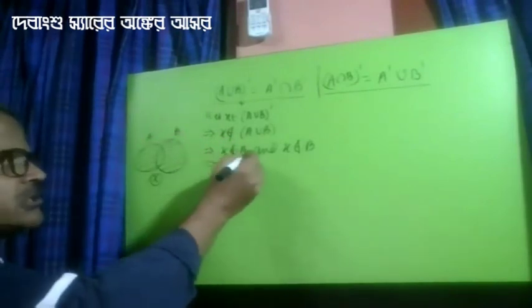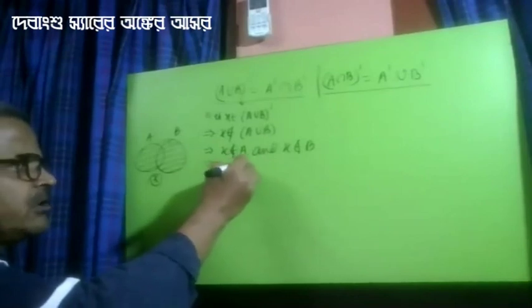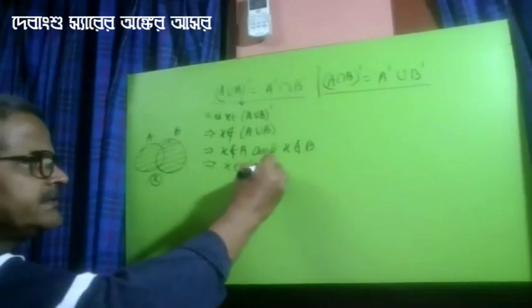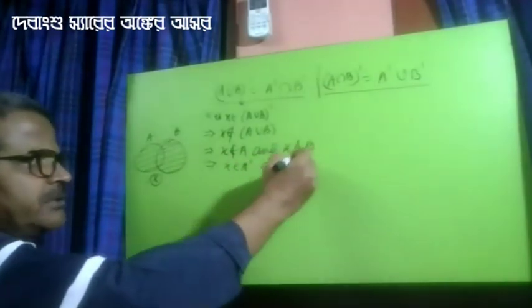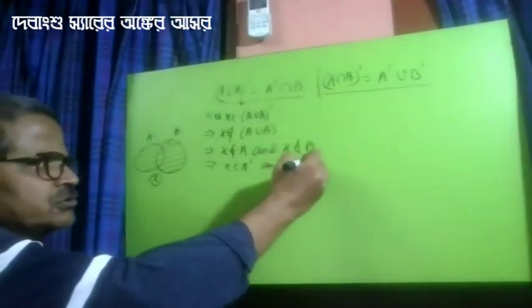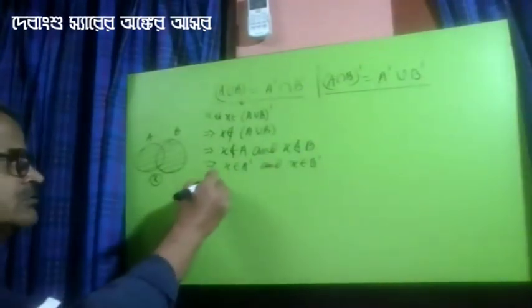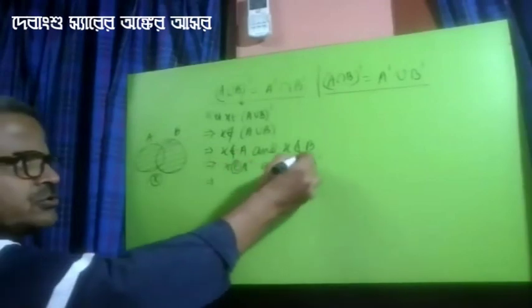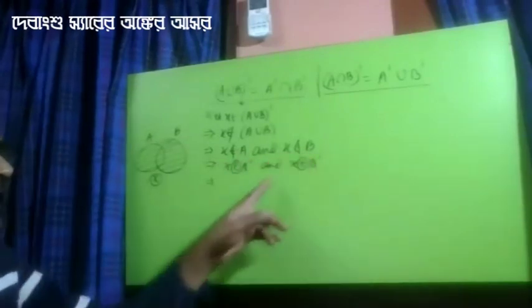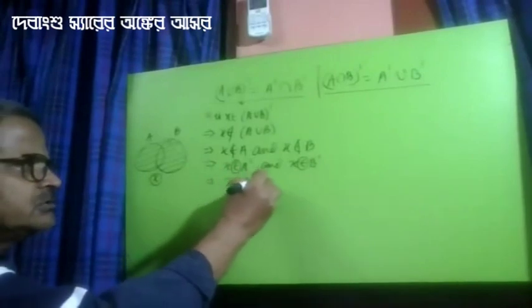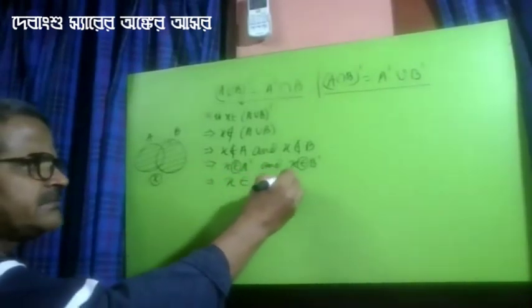Now see, X does not belong to A, so X belongs to A complement, and X does not belong to B, so X belongs to B complement. Now see, the symbol is belongs to. So and means intersection. So X belongs to A complement intersection B complement.